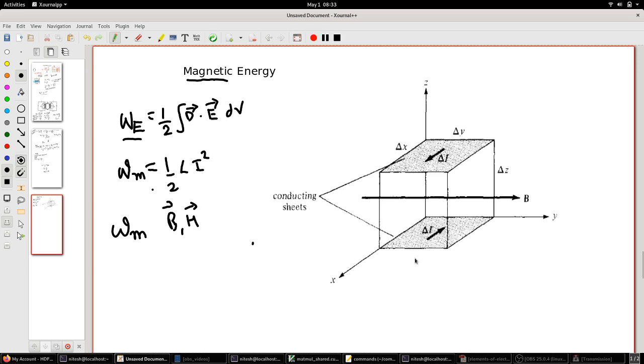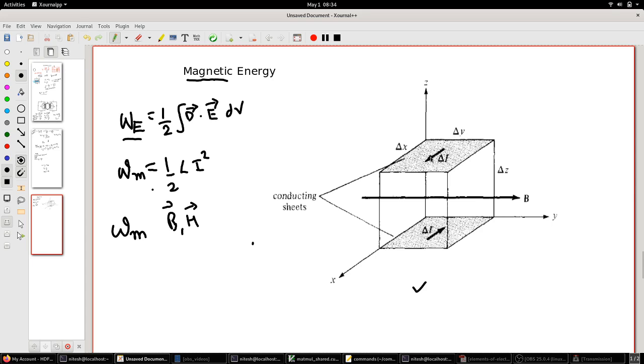For that, let's consider a small volume delta V, which is carrying two sheets of size delta x into delta y.